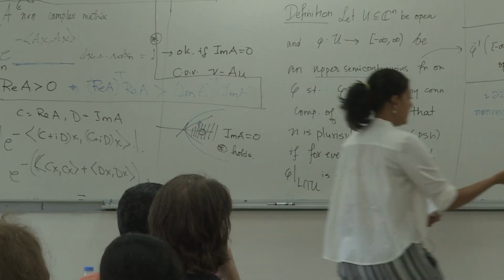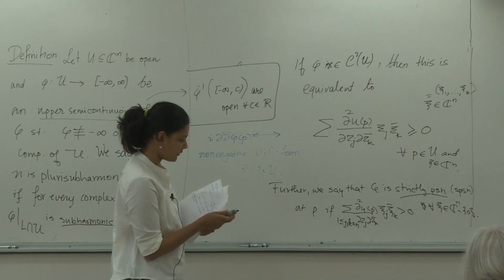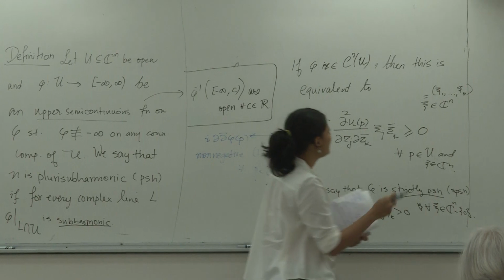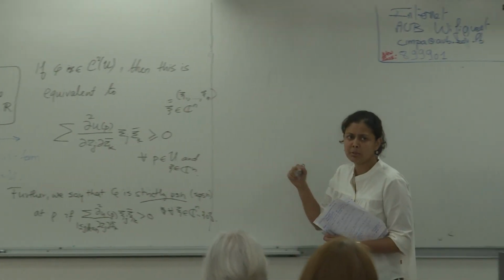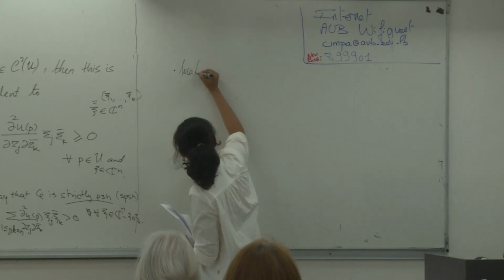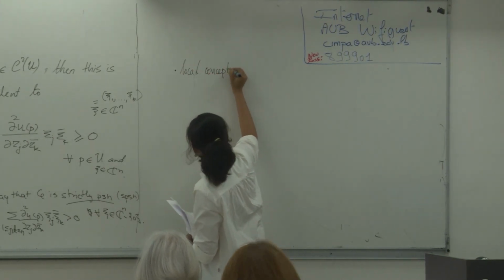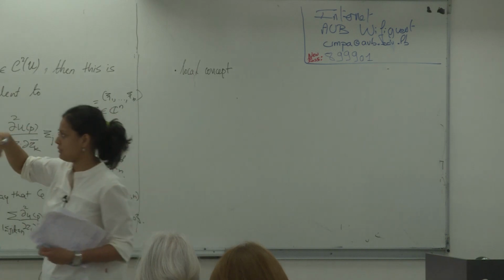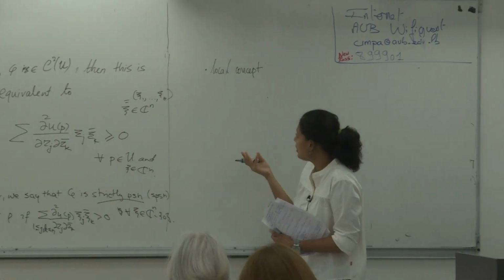And so this will be an important object from the point of view of the discussion that we are going to have today, but let me give a few examples and a few properties. First of all, this is a local concept, so you can really check plurisubharmonicity locally.